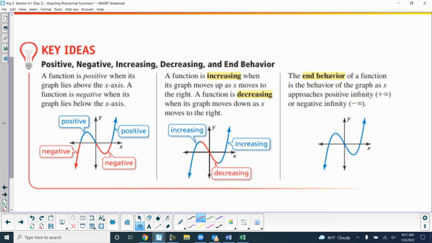Okay. Now I also talk about increasing and decreasing. Even though the arrow's going down here, if we go left to right, and if I was walking this path, would I be going up along this blue or down? Up. So even though the arrow's going down, it's actually increasing up to a point, and then you can see like at the red part, it's kind of like a slide or something, right?